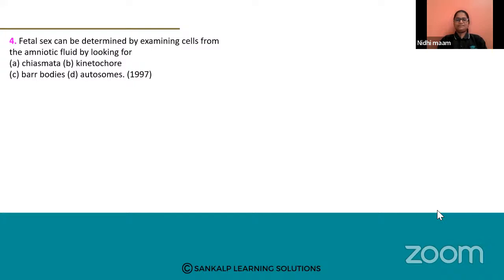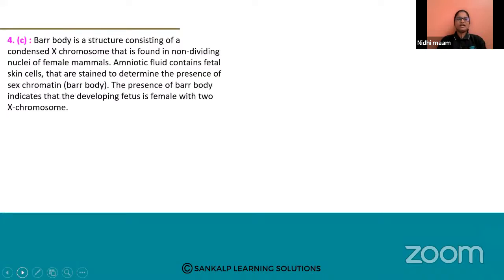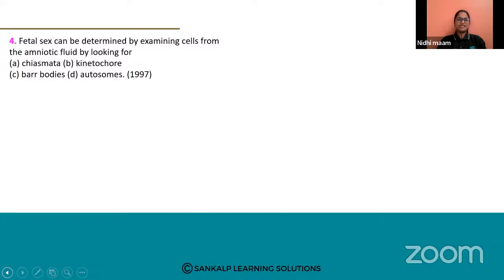Kajal answered it. Fine. So most of you voted for option C. Some of you voted for option B. So the right answer is here: option C, bar bodies.